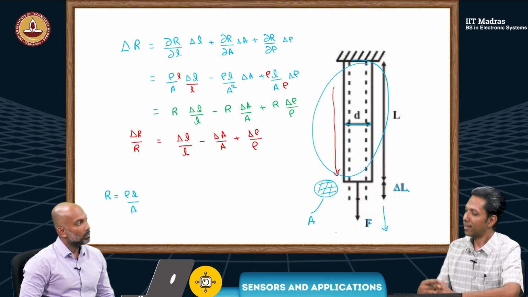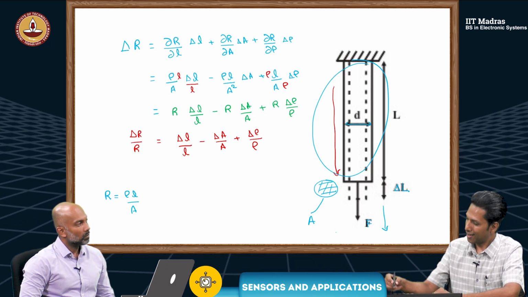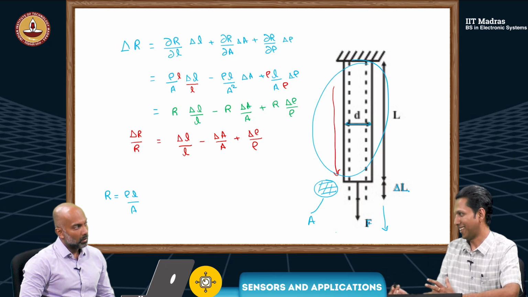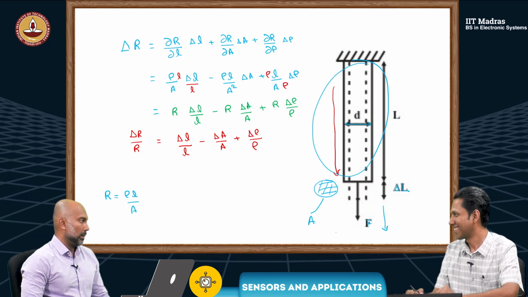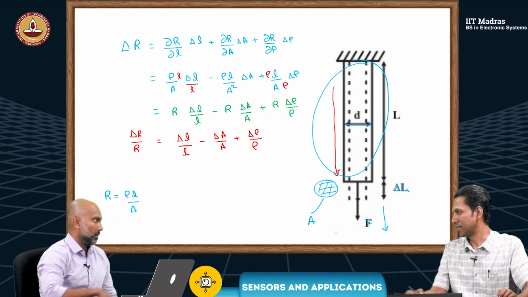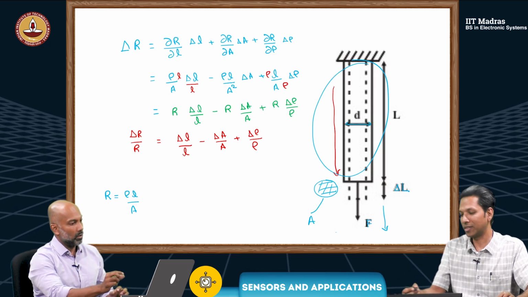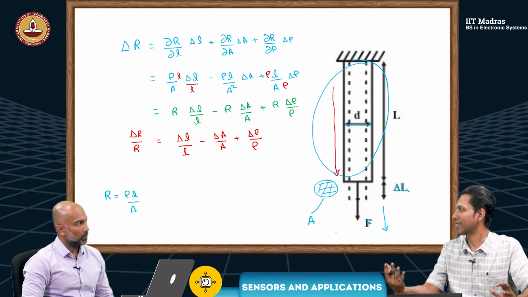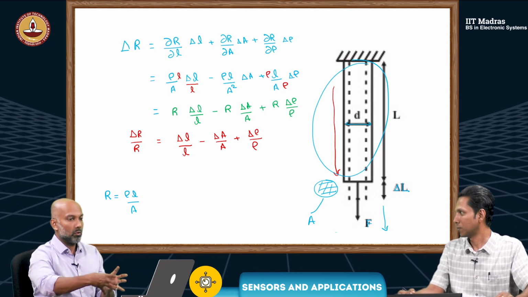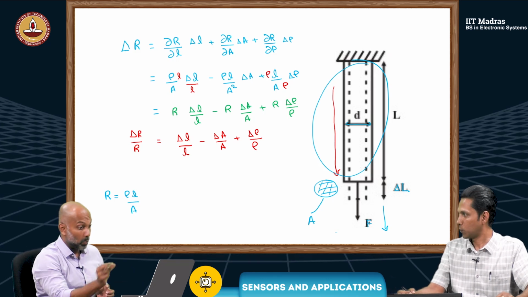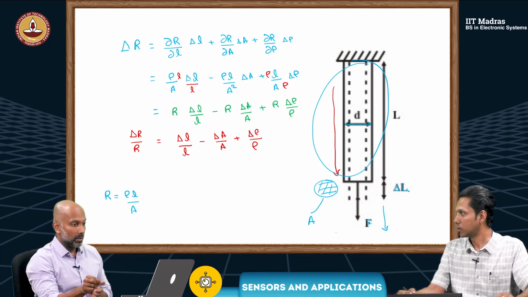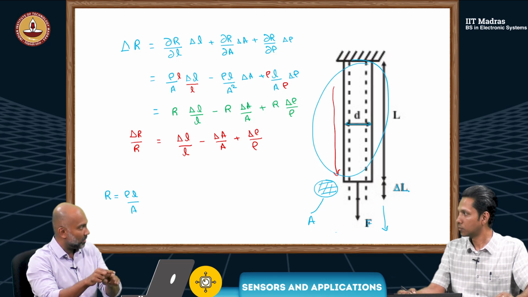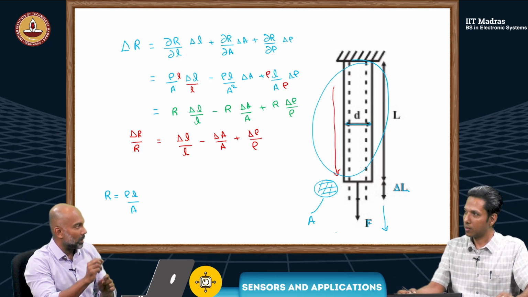And for both structures, what we derived is valid. This equation is a generalized equation for any conductive material. But if you have a large structure and a smaller structure attached to it, the actual change will be much larger in one.